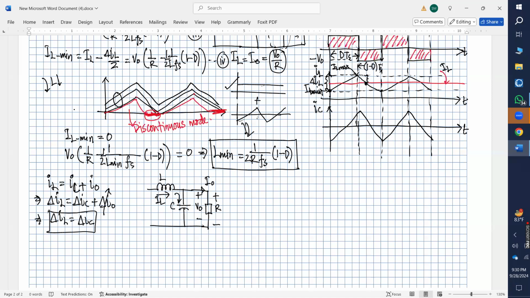In the last class, we also had the example, suppose this is 50 amps, the maximum value that we got here is 55 amps, and the minimum value is 45 amps. So this is minus 5 amps, and this is plus 5 amps. When the inductor current average value is equal to the current going to the load, and this current is always constant, suppose this is 50 amps.